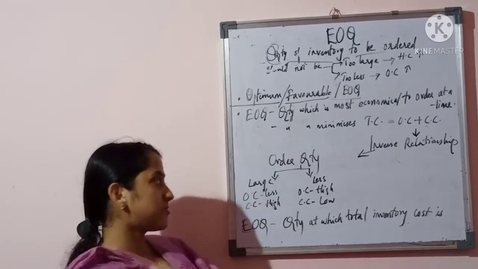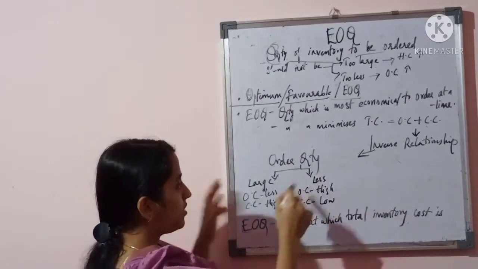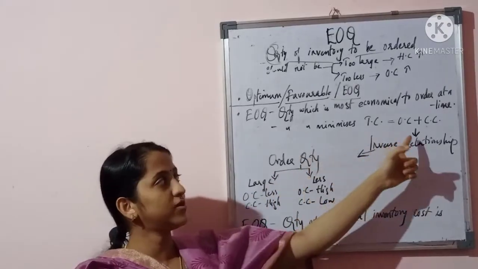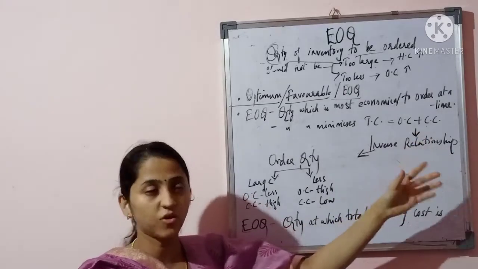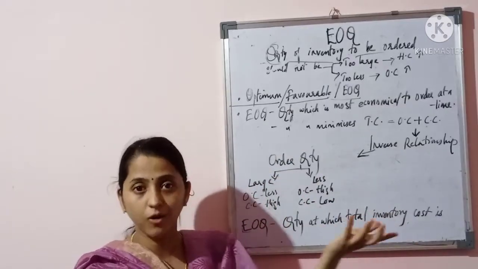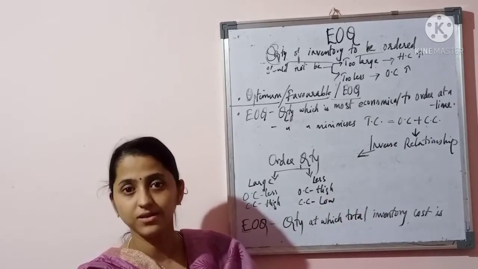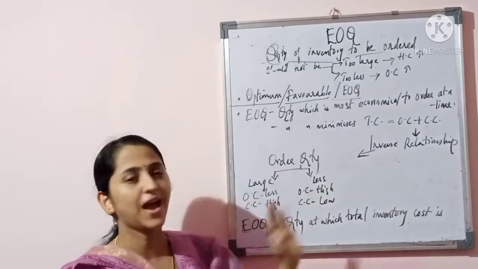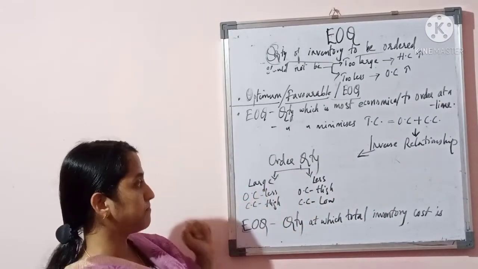Now, let's see how it is. We know this ordering cost and carrying cost are based on the ordering quantity, how much quantity we are ordering. It is based on that that it determines the ordering cost and carrying cost. So, how do they have an inverse relationship? Let's see.